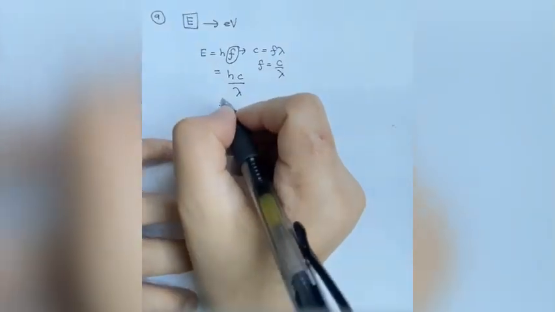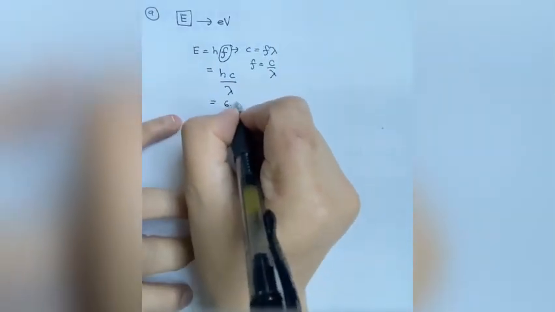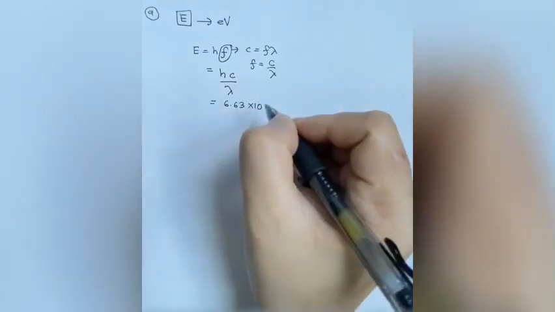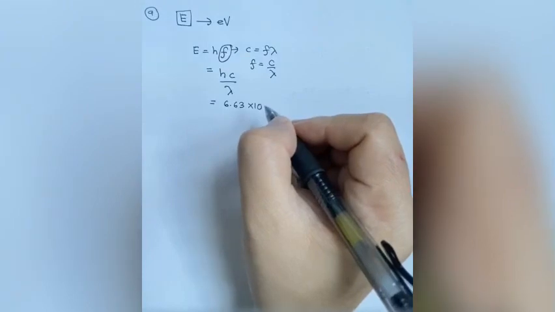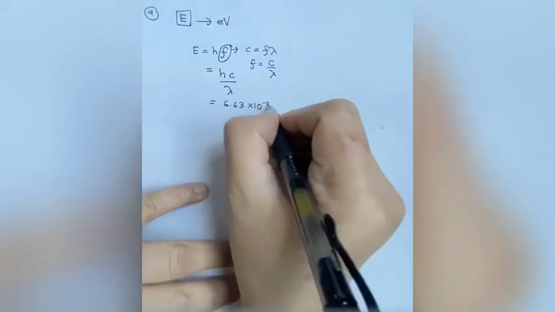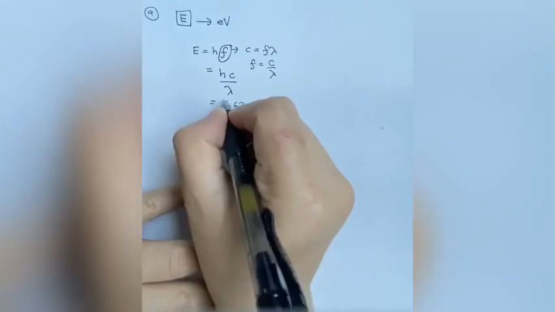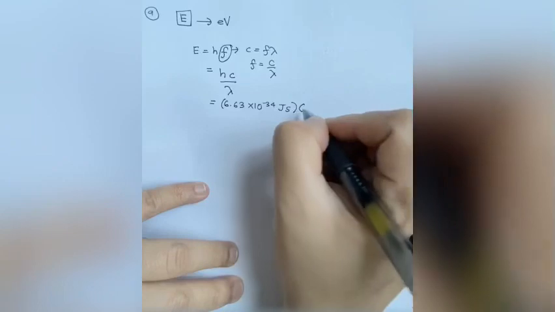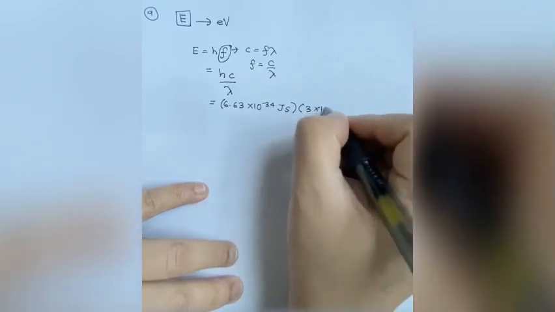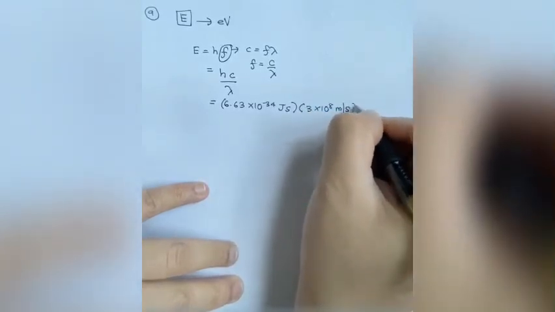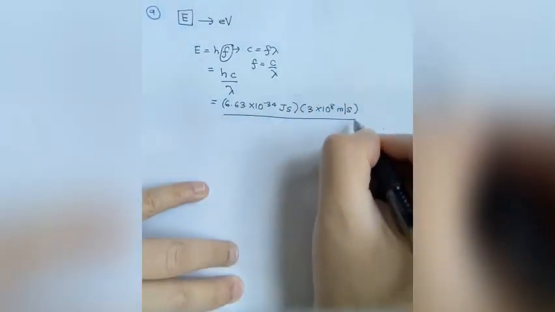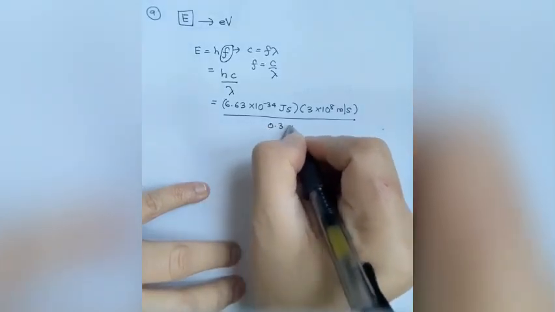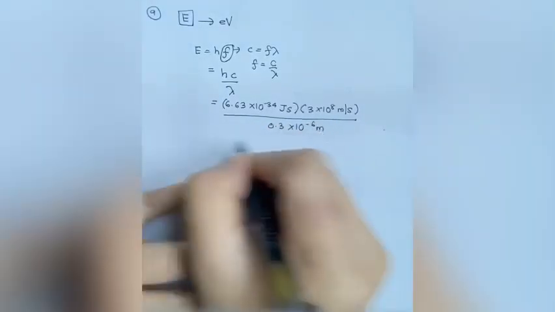Where h is the Planck constant, 6.63 times 10 to the power of negative 34 joule second, and C is the speed of light, 3 times 10 to the power of 8 meter per second, divided by your lambda. You are given lambda as 0.3 times 10 to the power of negative 6 meter.